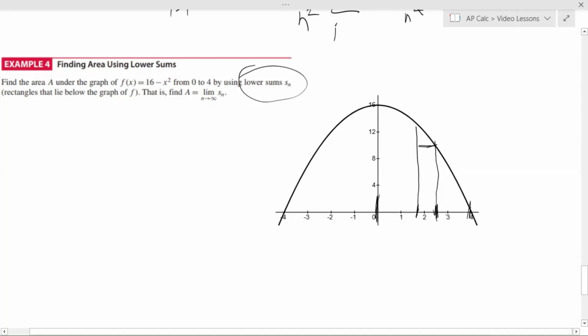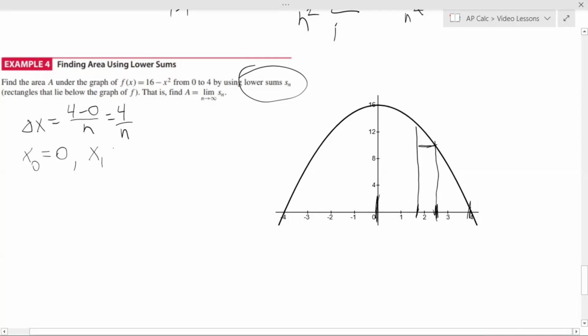value of each subinterval. Okay, so I know that my delta x is going to be 4 minus 0 over n, or 4 over n. Okay, the first x value, so like x0, is going to be 0.